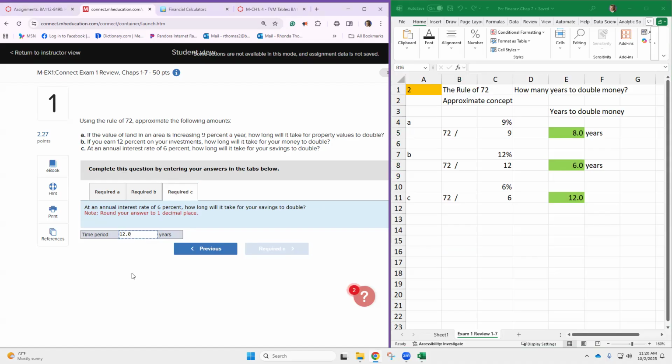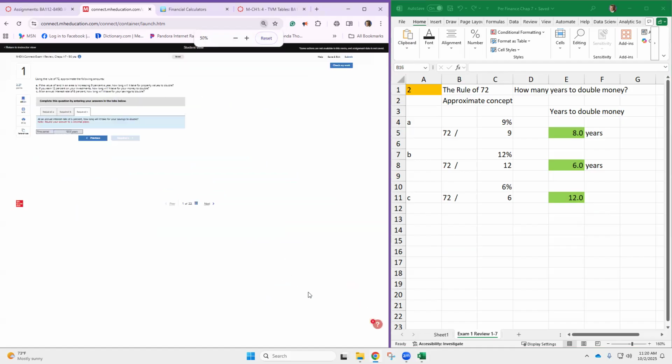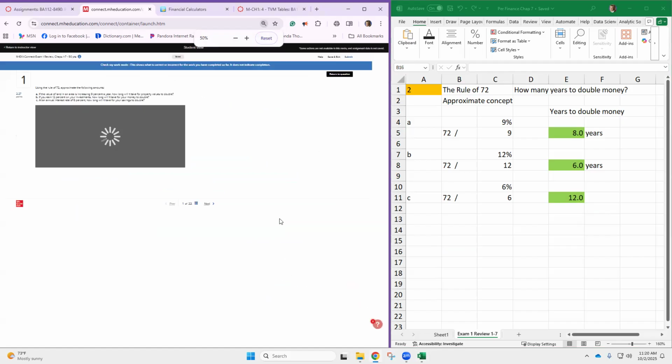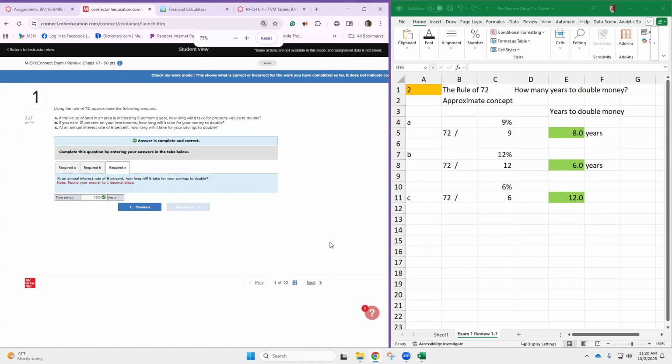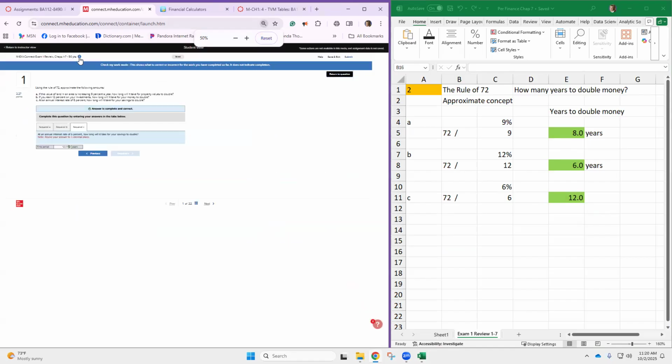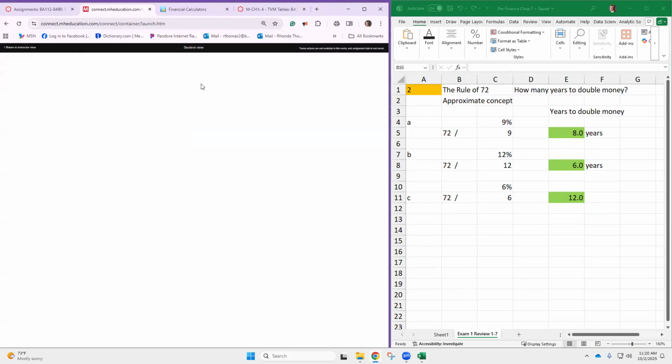So this just goes to show that the higher the rate, the less time it takes to double your money. The lower the rate, the longer it takes to double your money. Hopefully you're starting to catch on to that trend, because that's how it works.